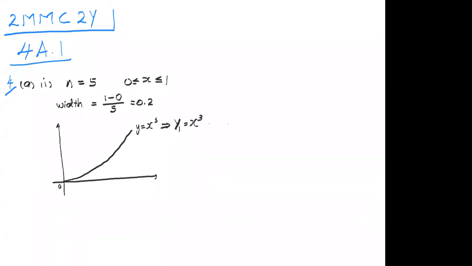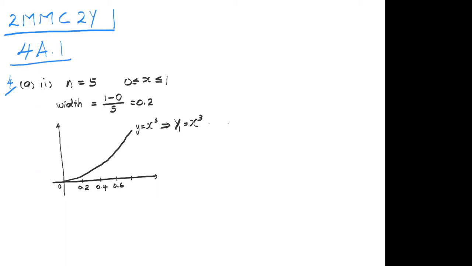Okay. So after that, since the width is equal to 0.2, it starts from 0, you add 0.2. Then from 0.2, you add another 0.2, it will be 0.4. Then from 0.4, you add another 0.2, so it will be 0.6.